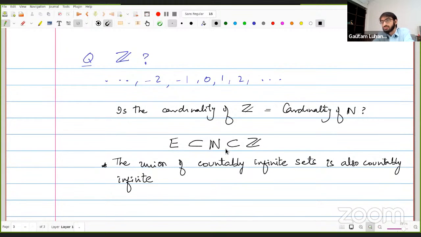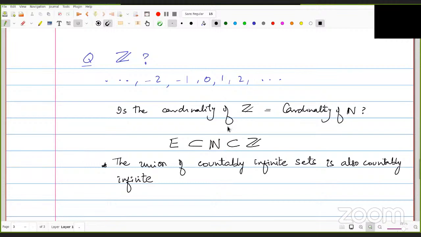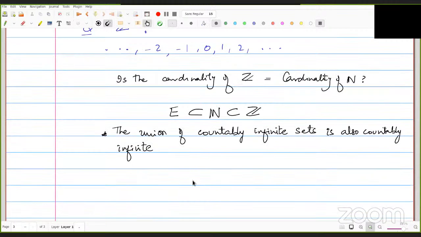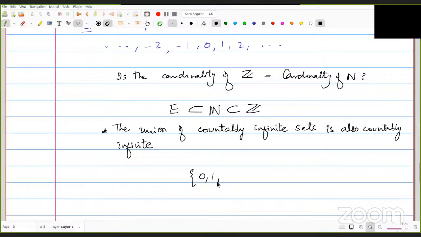A way to count them is basically just trying to figure out how we can label them 1, 2, 3, 4, 5, 6, such that every element is covered. I can order it as 0, 1, -1, 2, -2, and then I can count each.